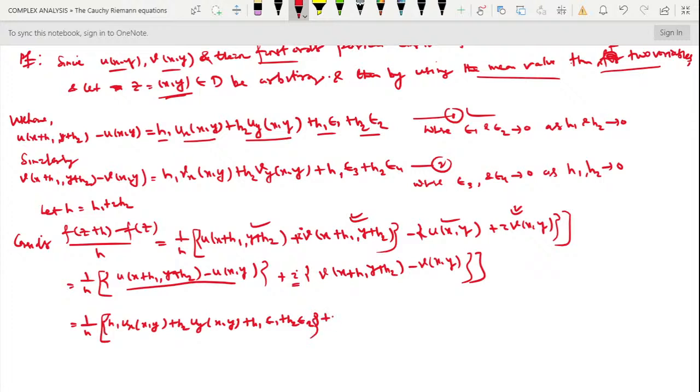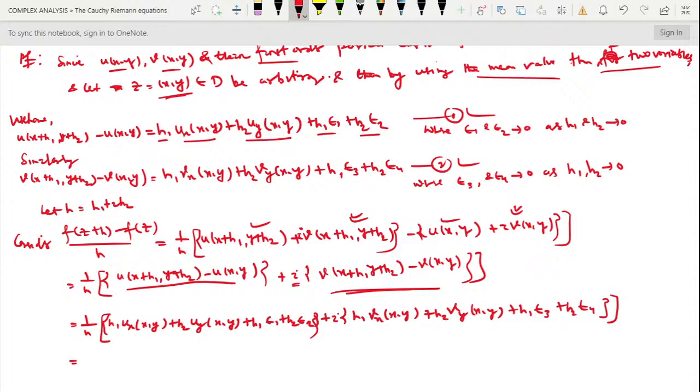Similarly plus I times, now put this value from equation 2: h1 vx at (x, y) plus s2 vy at (x, y) plus h1 epsilon 3 plus s2 epsilon 4.